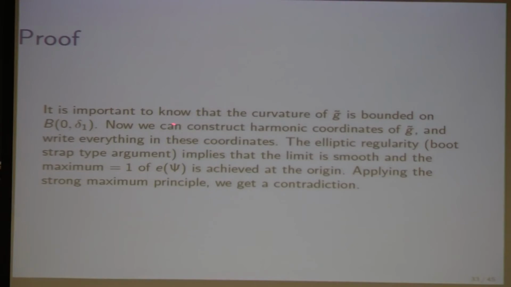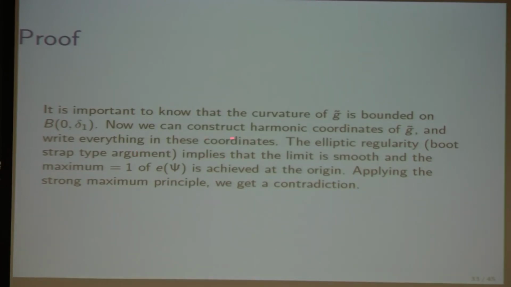Because we know that the curvature of this guy is bounded, we can construct harmonic coordinates with respect to this metric. This is actually the pullback of some tensor, right? But if you pull back, then it becomes really a metric on a three-dimensional manifold.